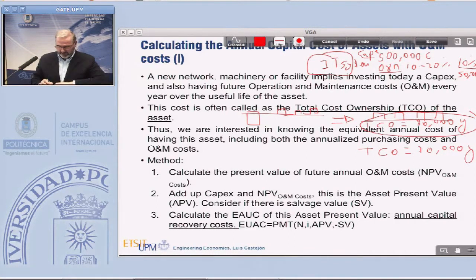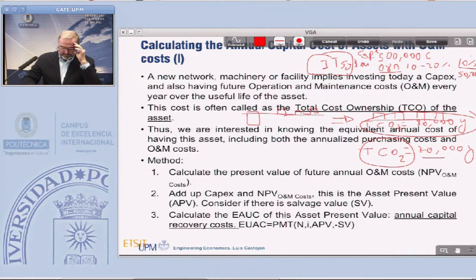Which system will you choose? The total cost of ownership of system 1 is 80,000. The total cost of ownership of system 2 is 70,000. It's obvious that you will choose system 2 because its total cost of ownership is lower. So this tool is very, very useful.